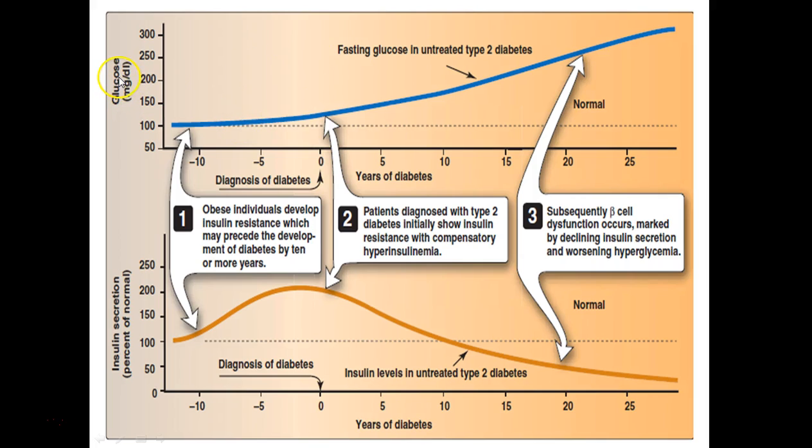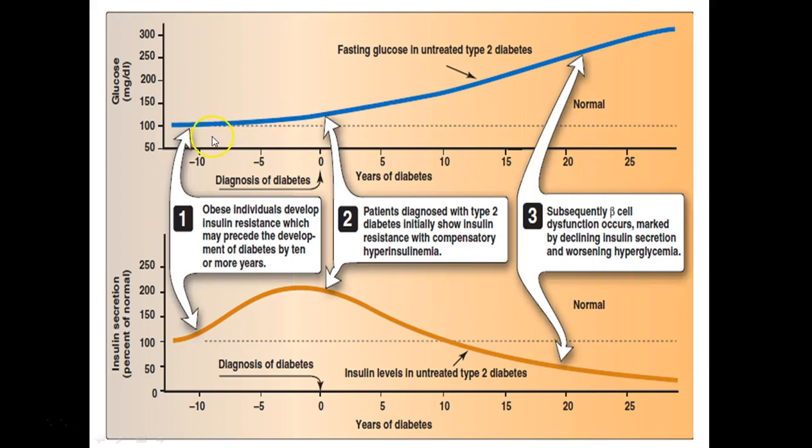So now we are trying to compare glucose in milligrams per deciliter on the y-axis, and this is the years of onset of diabetes, and this one is insulin secretion as percent of normal. If you look at this blue line, you can see obese individuals will develop insulin resistance preceding the actual diagnosis of diabetes.